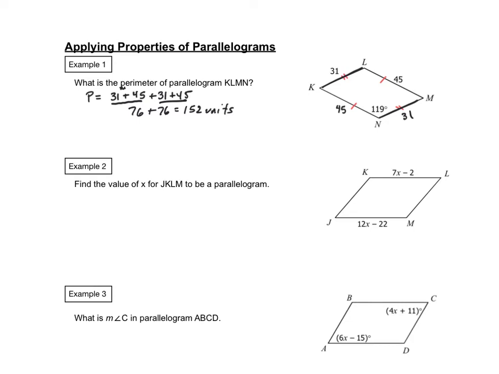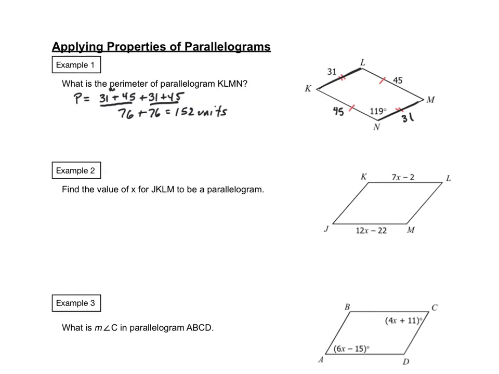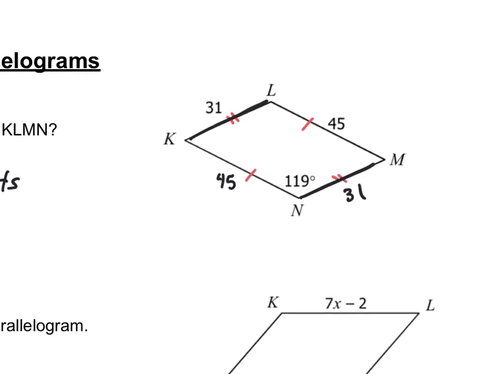Now I can tell you some of the other characteristics. If I just wanted to look at this picture beyond the question, if it's a parallelogram, I know that opposite angles are going to be congruent. Therefore, angle L is going to be 119 degrees. I also know that angle L plus angle K is going to be equal to 180 degrees.